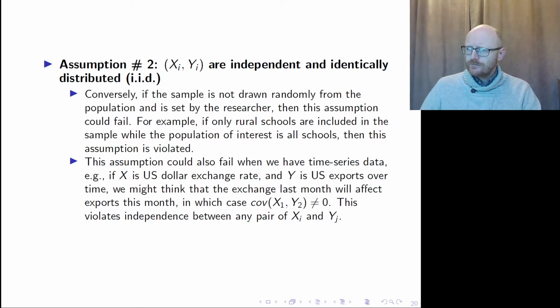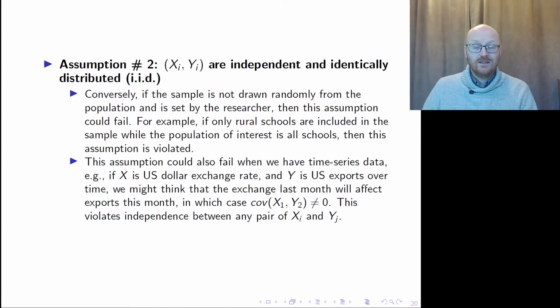And importantly, especially later in the course, this assumption might also fail if we have time series data, because often in time series data you can make a rule of association. It means that certain lags of the variables might be correlated with the present value. So, for example, a price movement today might be correlated with a price movement yesterday.